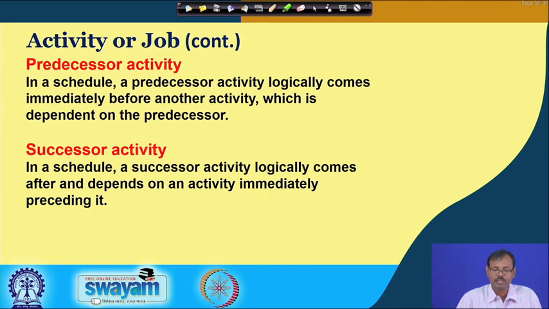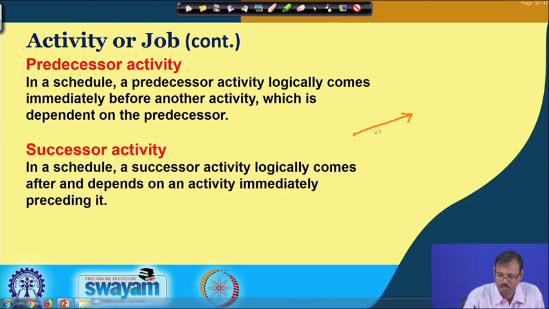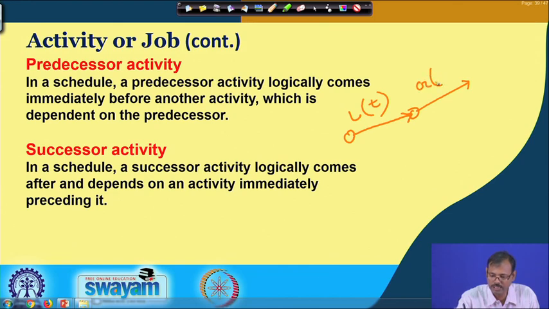So lead is manufactured, this is lead manufacturing, which takes T time, and this is grooving the lead inside the wooden piece.